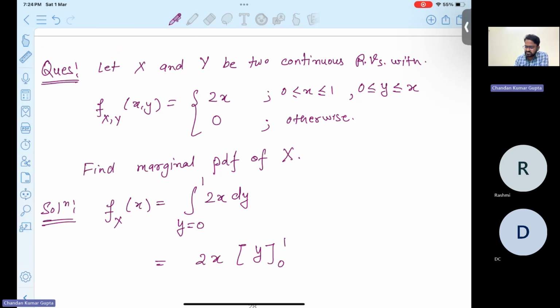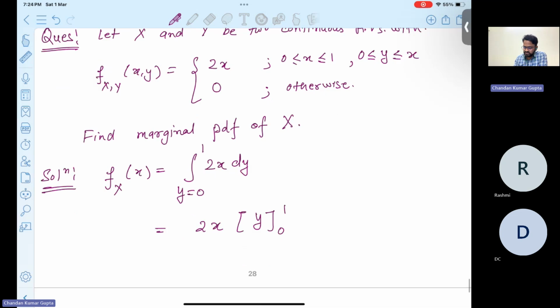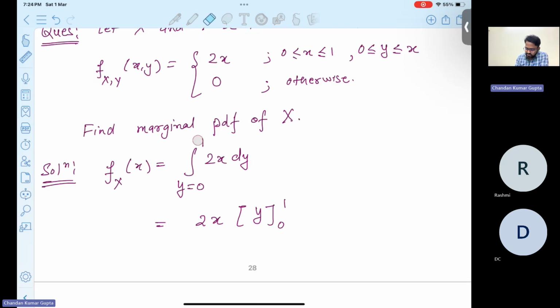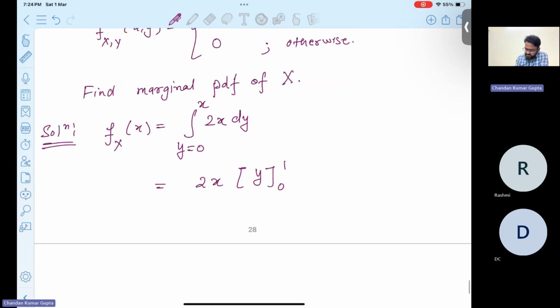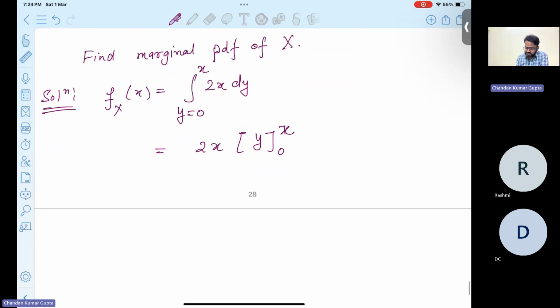Here the range of y is 0 to x actually. So here again it's 0 to x. So it is 2 times x minus 0.